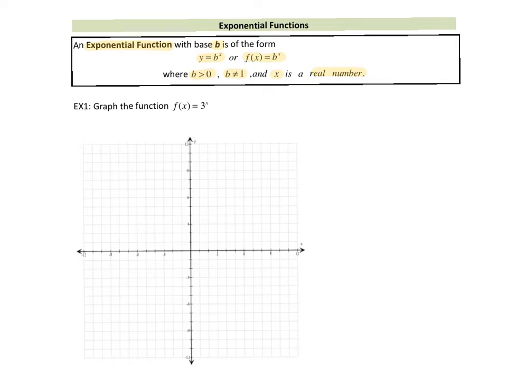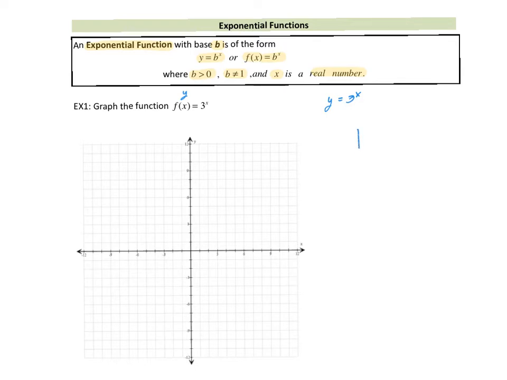In example 1, we want to graph this function f of x equal to 3 to the x. Now, I really don't like function notation when I'm graphing, so I will always replace the function notation, f of x or g of x or whatever it is, with y and write y equal to 3 to the x, because I want to get points, and it's easier for me to get points x and y if I'm not using function notation.